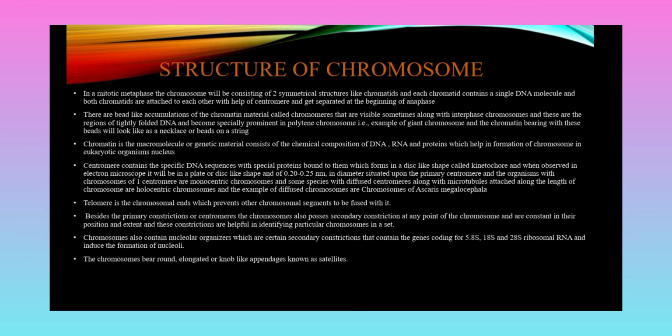This is the holocentric chromosome. So monocentric means one chromosome has one centromere, but in some species, if the centromeres are fused along with the microtubules, those are called holocentric chromosomes. An example of holocentric chromosomes is Ascaris megalocephala.